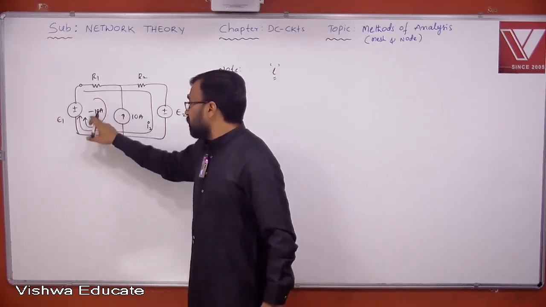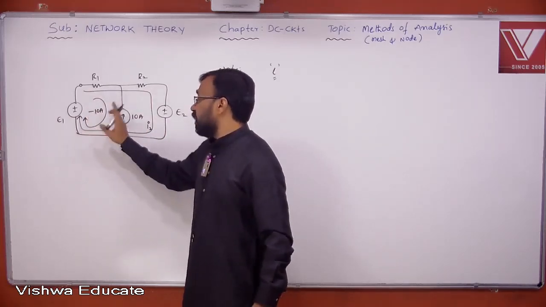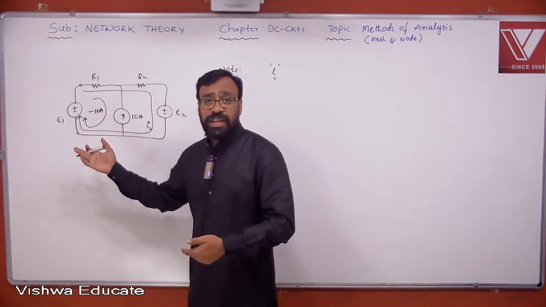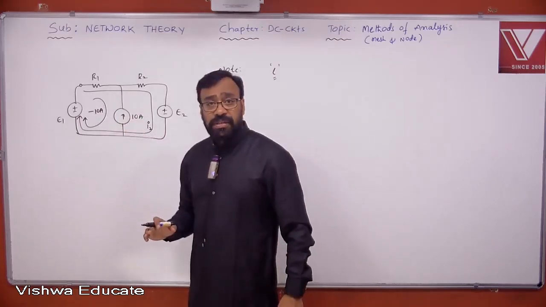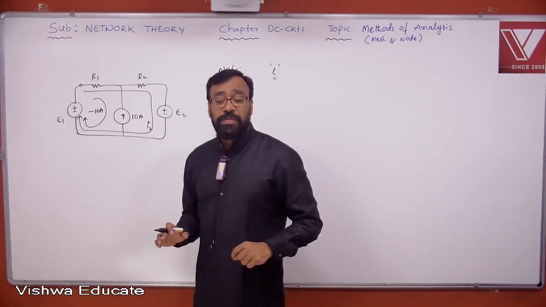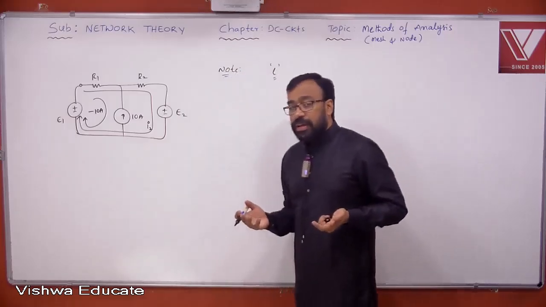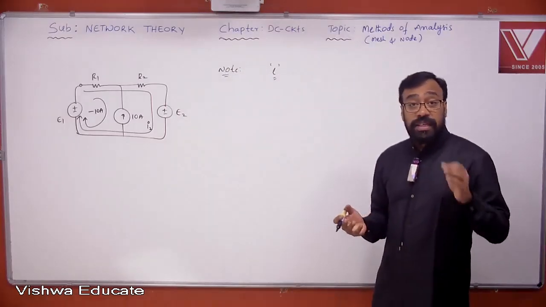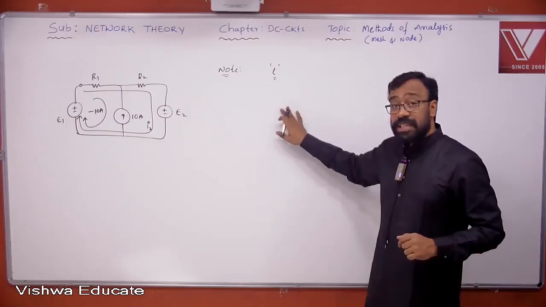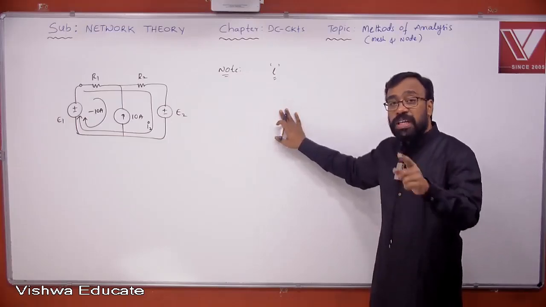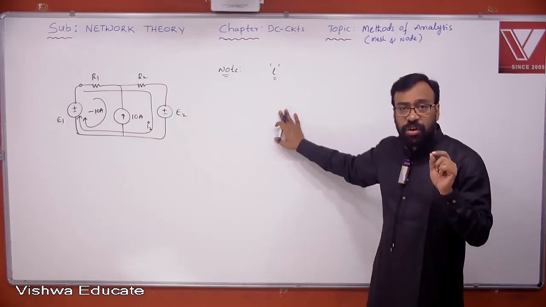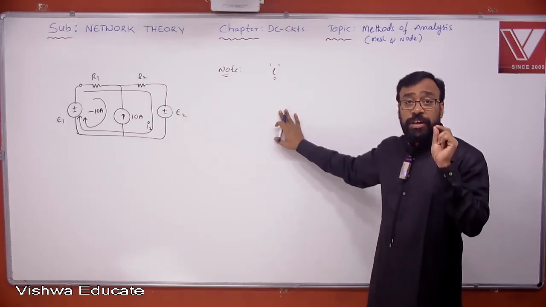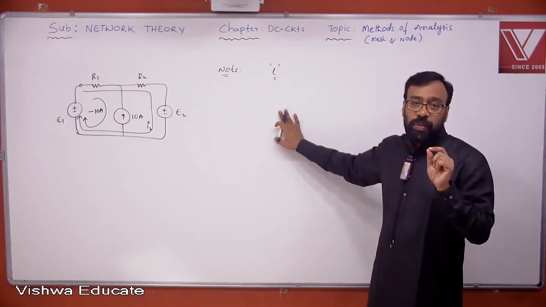If I take I1, I2, where I1 is now defined easily without solving the network itself, I got minus 10 amperes here. There is only one equation required. That means who is actually deciding the number of equations? In such cases, the selection of loop currents will decide the number of equations. Yes or no, all of you?